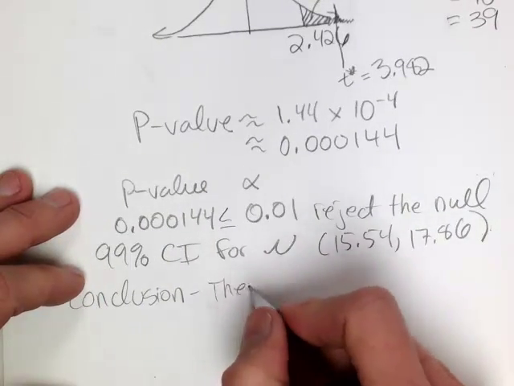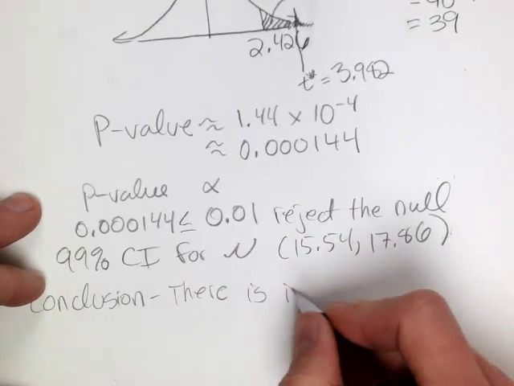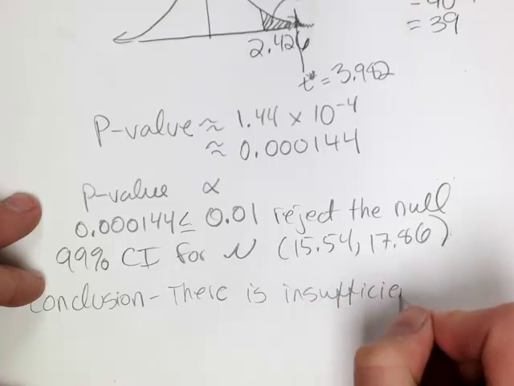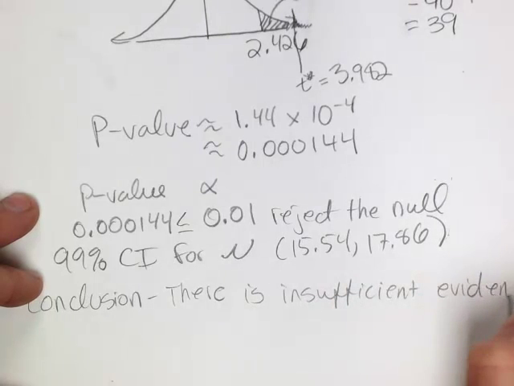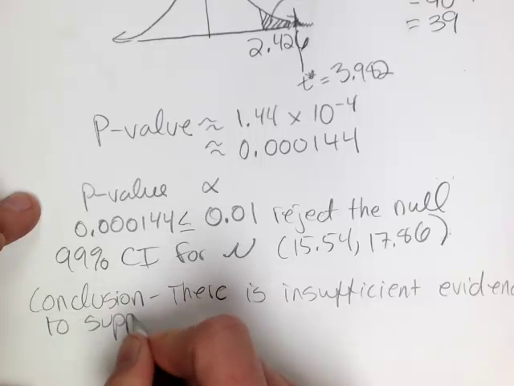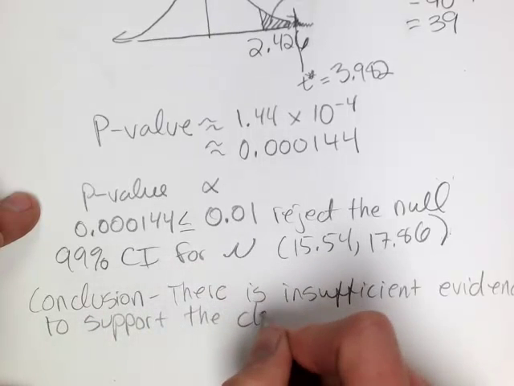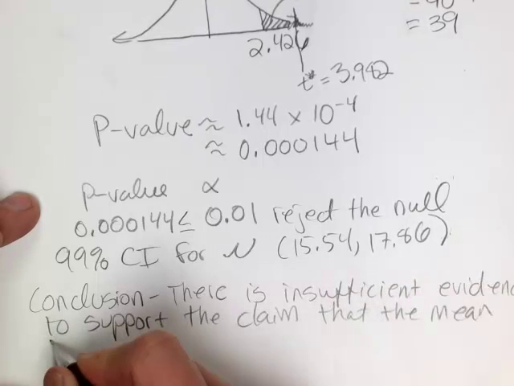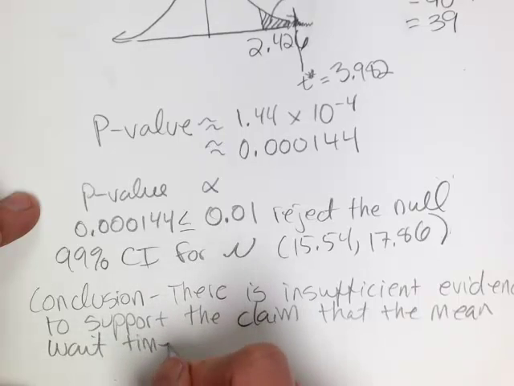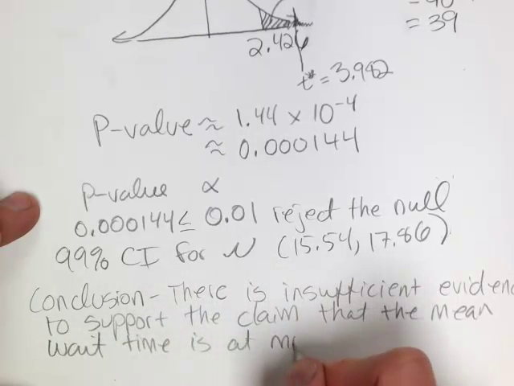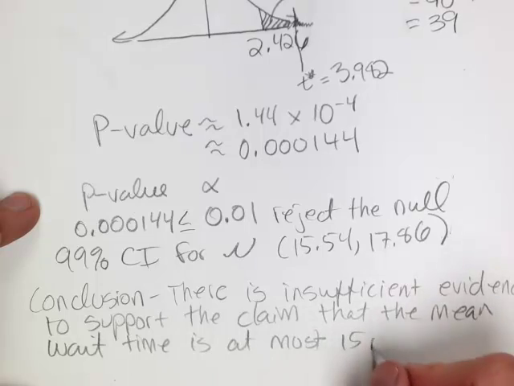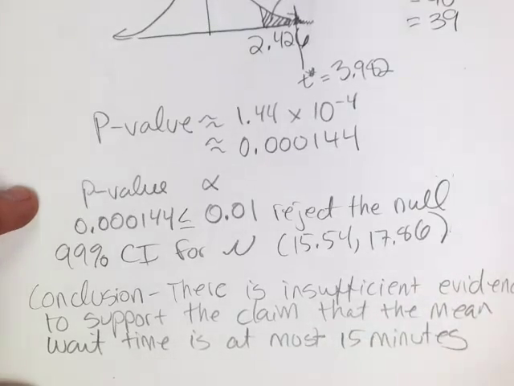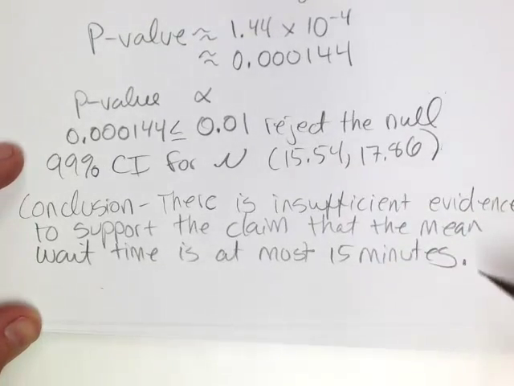Okay, so in conclusion, there is insufficient evidence to support the claim that the mean wait time is at most 15 minutes. Okay, so I definitely want to rewrite the conclusion in quote-unquote plain English.